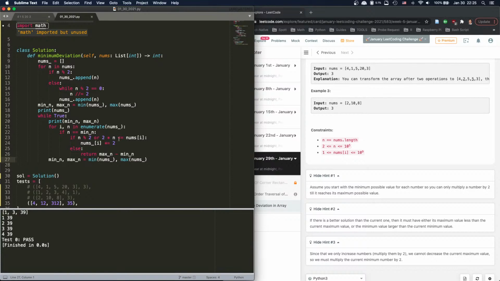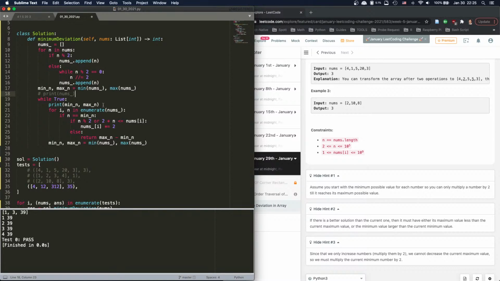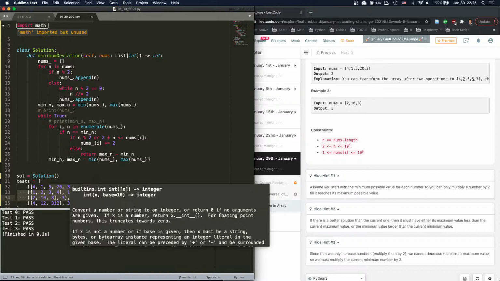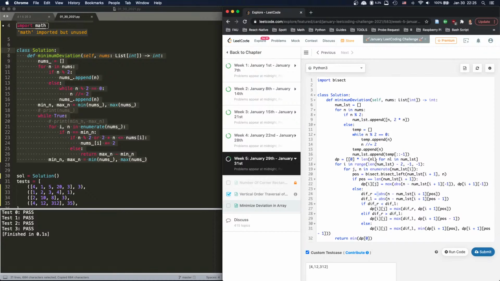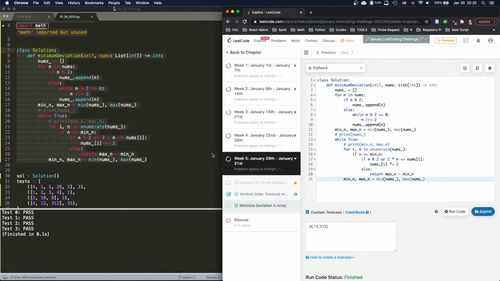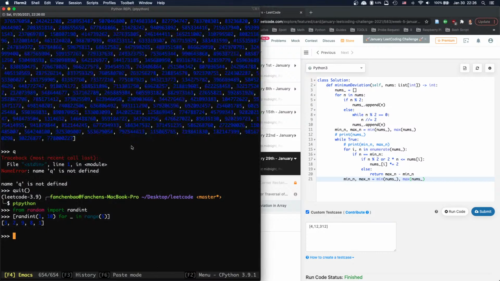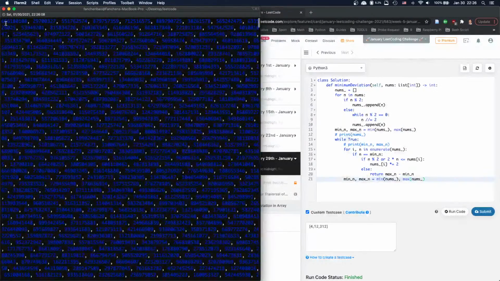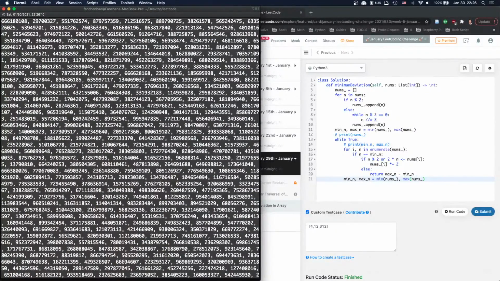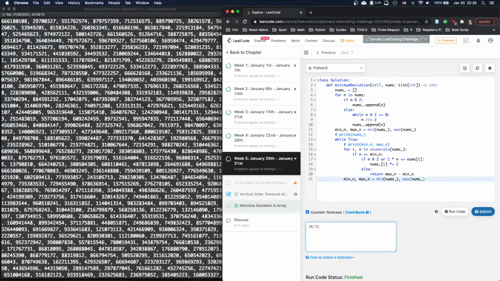And I do think we can make it faster, but I don't want to. I just want to get a pass. Pass everything, submit it. Let's see if I still have, yes I do. Start. Alright, run code.